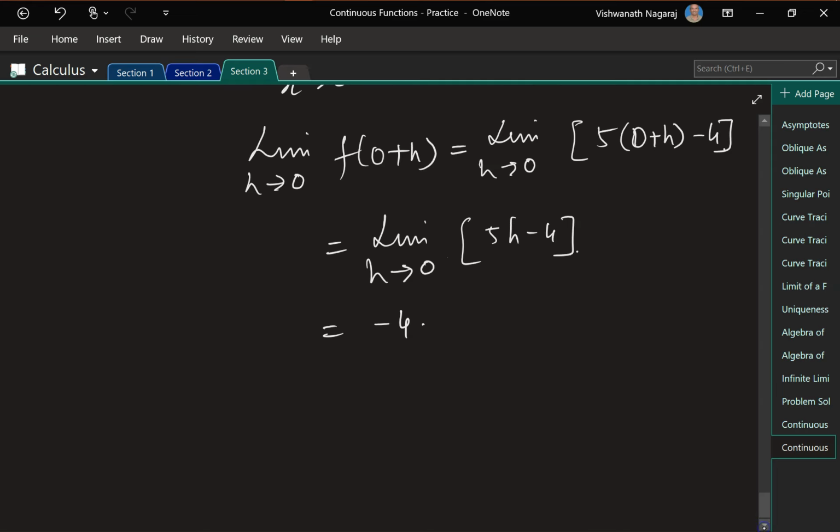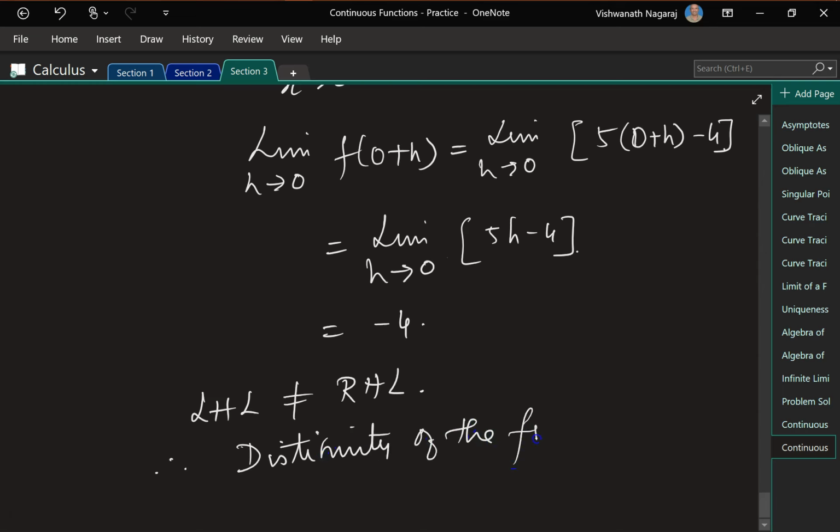So here LHL is not equal to RHL. So therefore discontinuity of the first kind, yes, that is at x equal to 0.